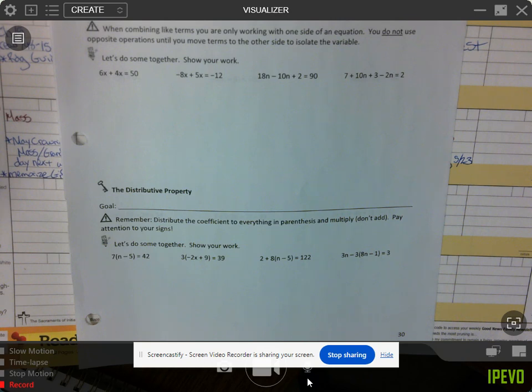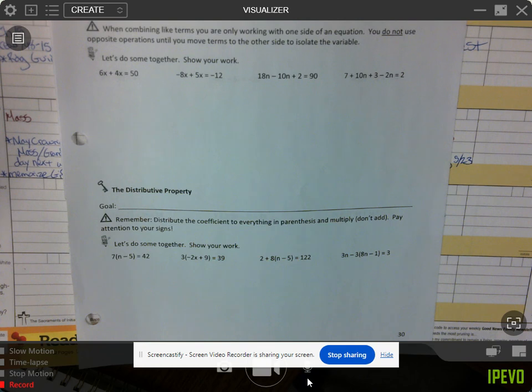So when it's on the same side of the equal sign, you do the same operations. When you are moving something to the opposite side of the equal sign, that's when we do opposite operations. So if we're not moving to the opposite side, we do the same operation. Same side, same operation.